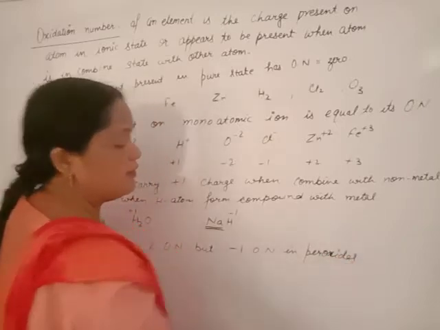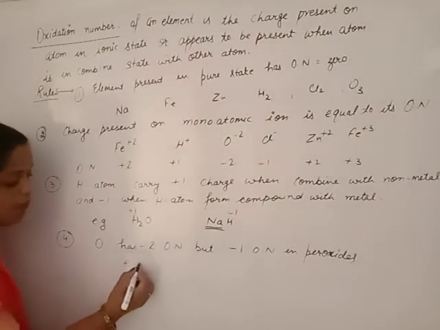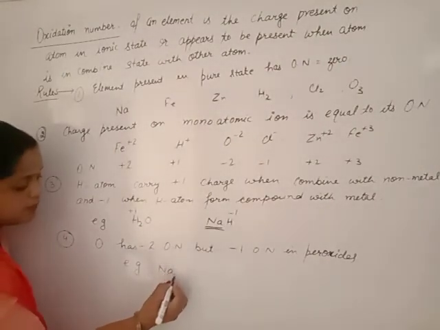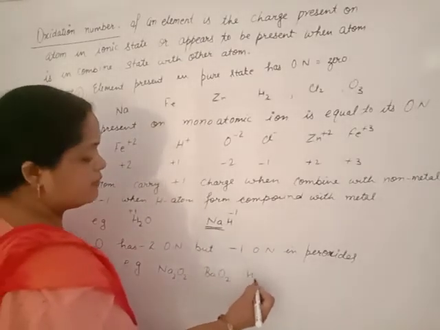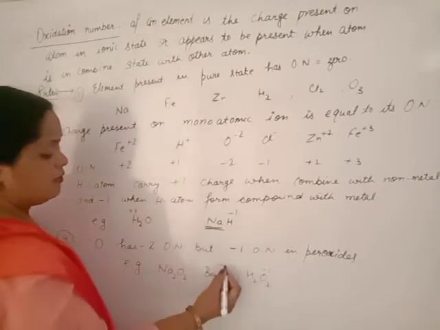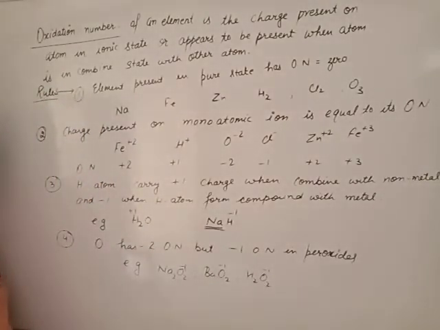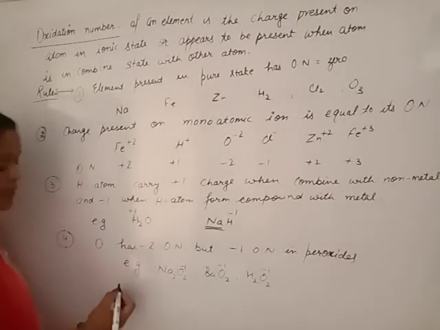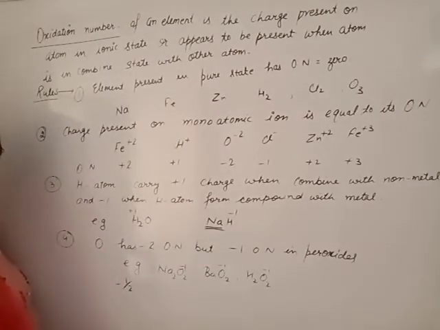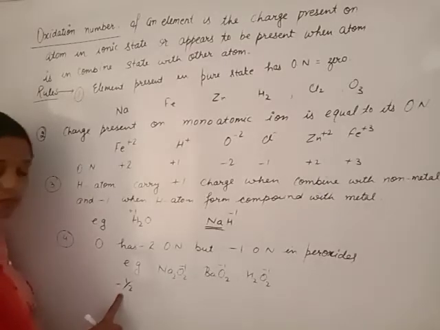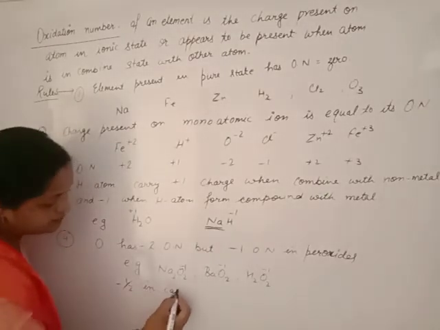For example, in sodium peroxide, barium peroxide, hydrogen peroxide, each oxygen carries -1 oxidation number. In any peroxide, oxygen carries -1. Oxygen also carries -1/2 oxidation number, the exception being superoxides.